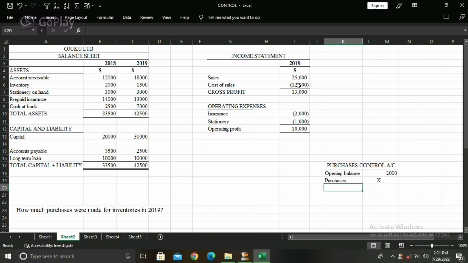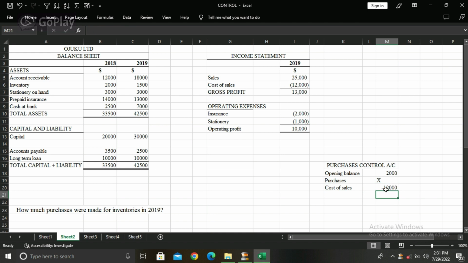So that is 12,000. And mind you, this cost of sales, we are going to take it out of the inventory in stock. That's the opening inventory, and then the purchases. So it will be minus, or we put it into bracket. So we have our cost of sales being 12,000.